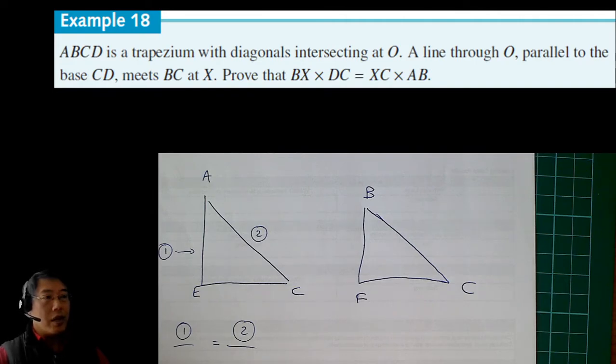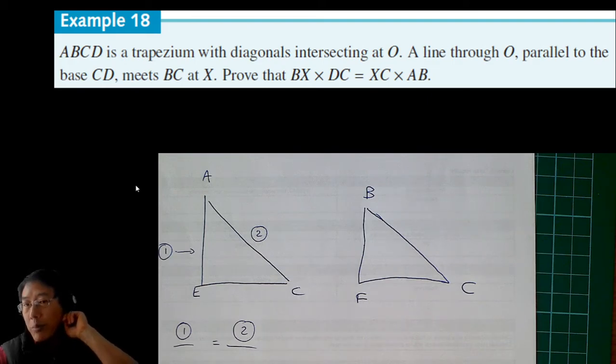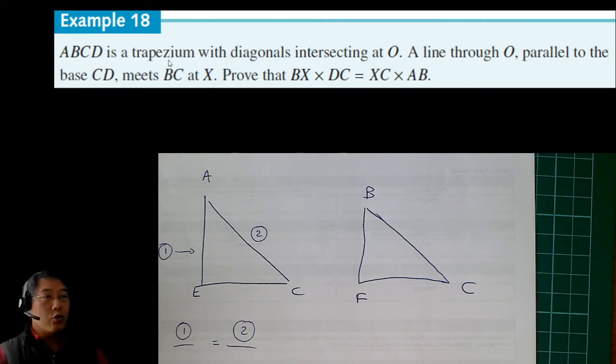Alright, so another situation. You look at different shapes. We looked at the parallelogram. We used the right angle triangle. In the situation with the trapezium, this time you're going to be using the diagonals. Remember, a trapezium is a shape that has two parallel opposite sides.